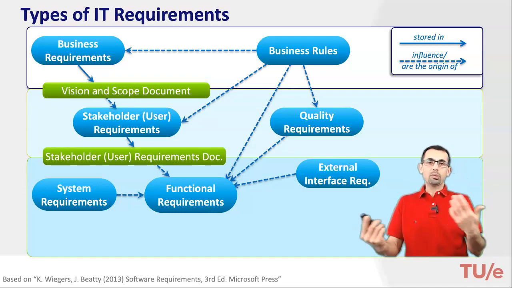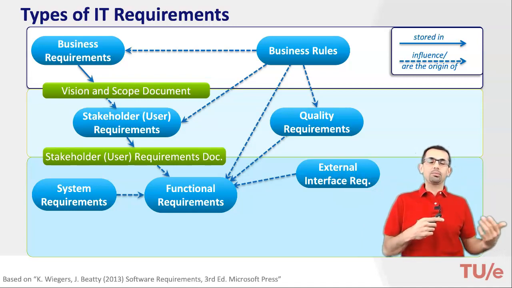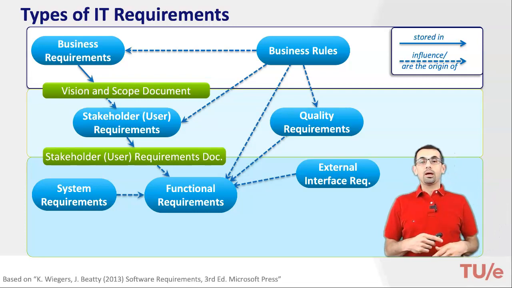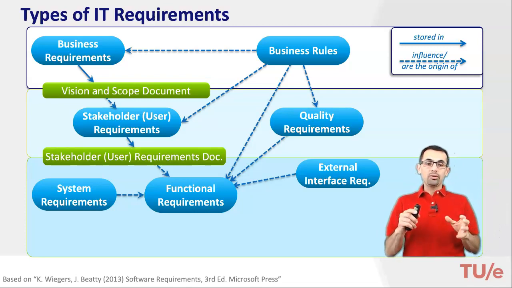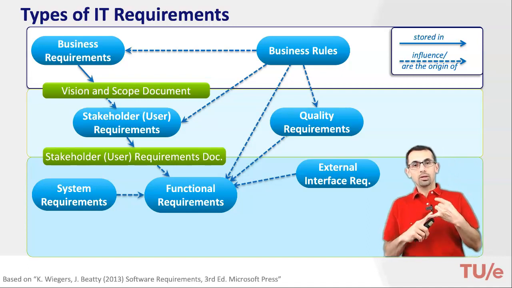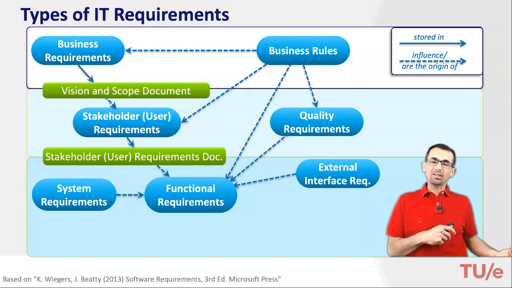If you're talking about an ERP system, it communicates with other ERP systems of a supplier or your CRM system, and so on. So you define the user interface requirements, software interface requirements, and also hardware interface requirements.